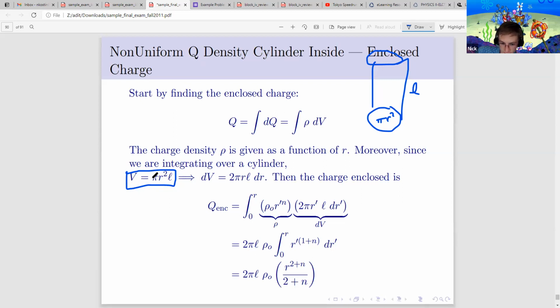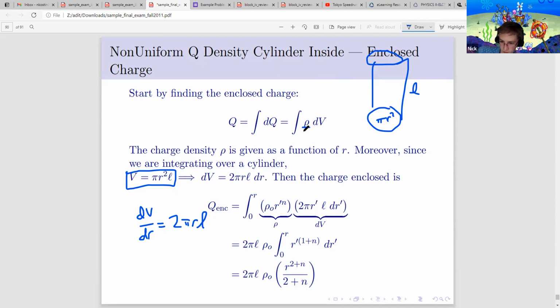So if V is equal to pi r squared L, dV over dr, the derivative, is going to be 2 pi rL. And then to get dV by itself, I just multiply over by dr.